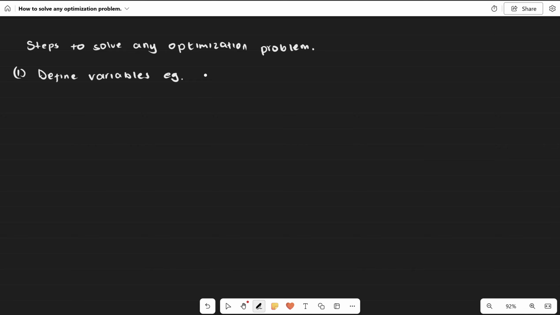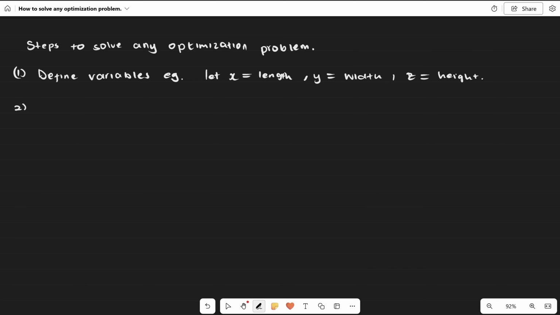This would be: let x equal the length, maybe y is your width, and maybe z is your height. This would be defining the variables that you have. So you look at your problem, what do you have and what variables do you need, right?